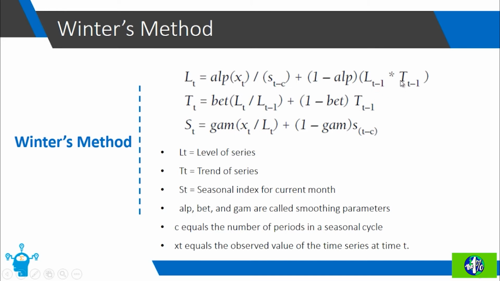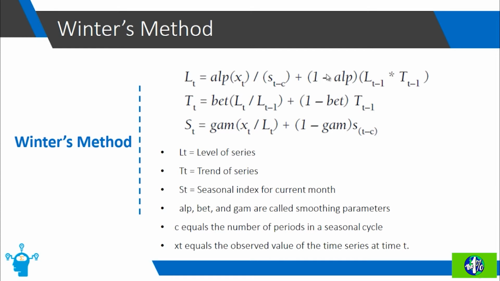Whereas the second term is capturing the effect of previous observations. It is the sum of previous level and previous trend. We are taking a weighted average of these two using the alpha parameter. So the value of alpha will decide how much importance is given to the recent observation and how much importance is given to the older observations.